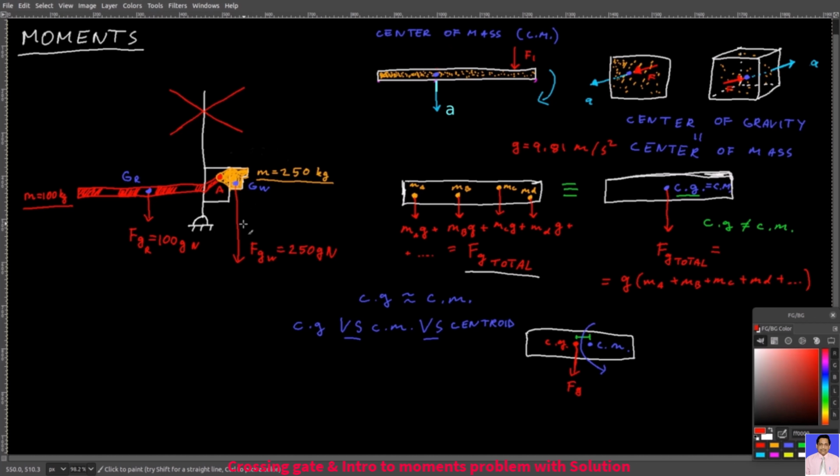Now we have talked about the rigid body assumption. Like I said before, it means that the object cannot bend, it cannot deform, it's completely rigid. And again, as mentioned before, it's a reasonable assumption if the actual deformation is very, very small.